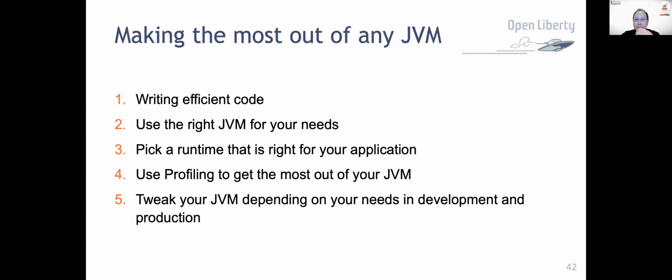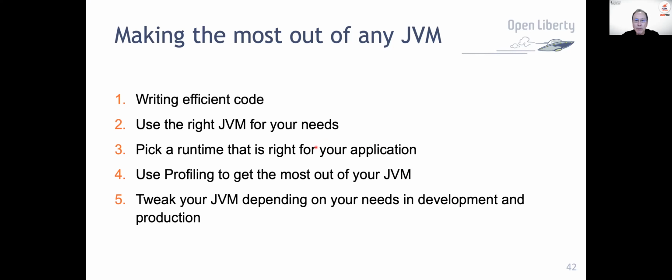So one, the most important goal for all developers should be writing efficient code. It seems pretty obvious, but we can discuss some things here. Two, picking the right JVM, looking for the characteristics that are best fit for your application. And three, just like the JVM, you also want to pick the most appropriate runtime.